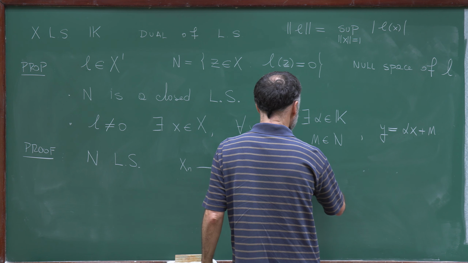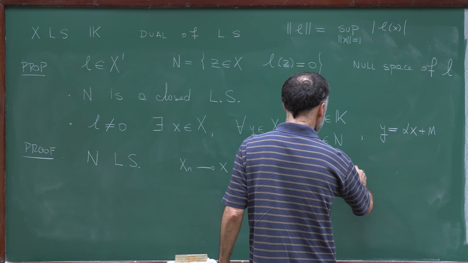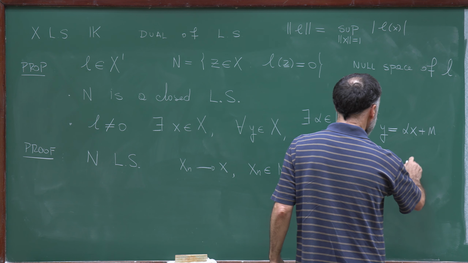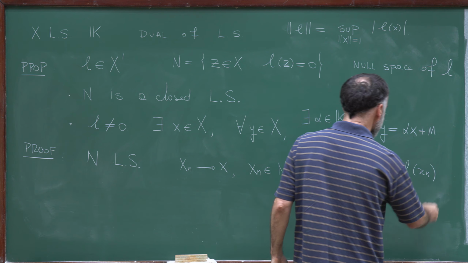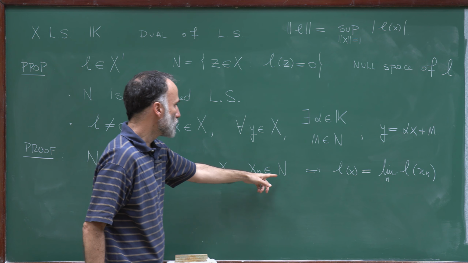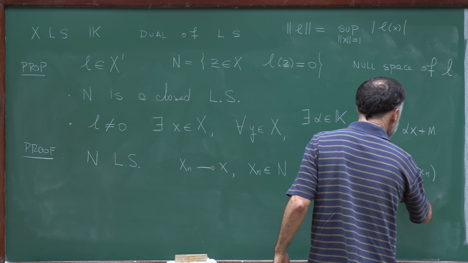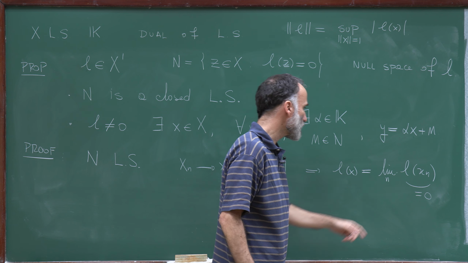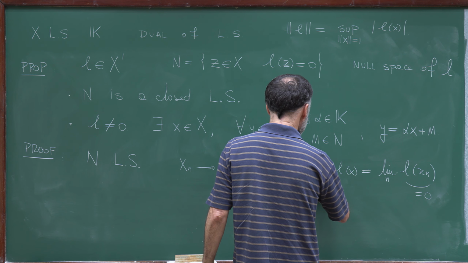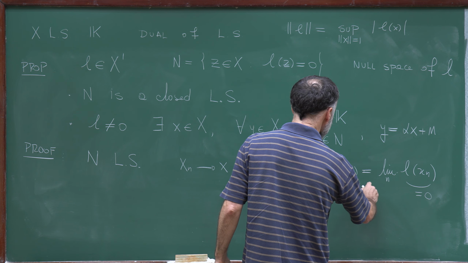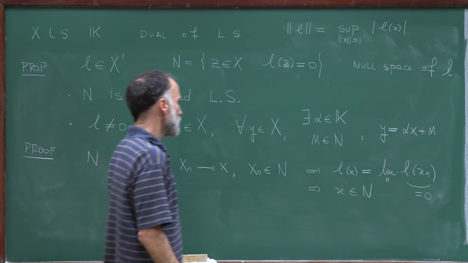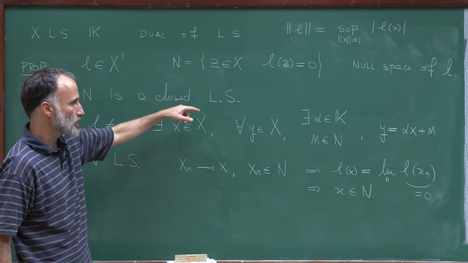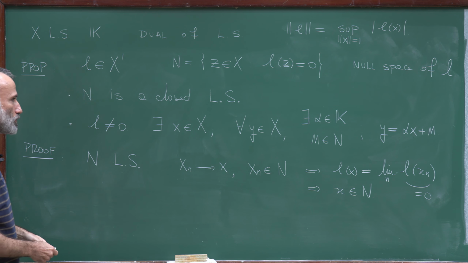This means that L of X is the limit in N of L of Xn. But Xn belongs to the null space, so L of Xn is equal to 0, and this means that L of X is equal to 0, which means that X belongs to the null space. So this proves that indeed N is a closed linear space. So this proves the first statement.